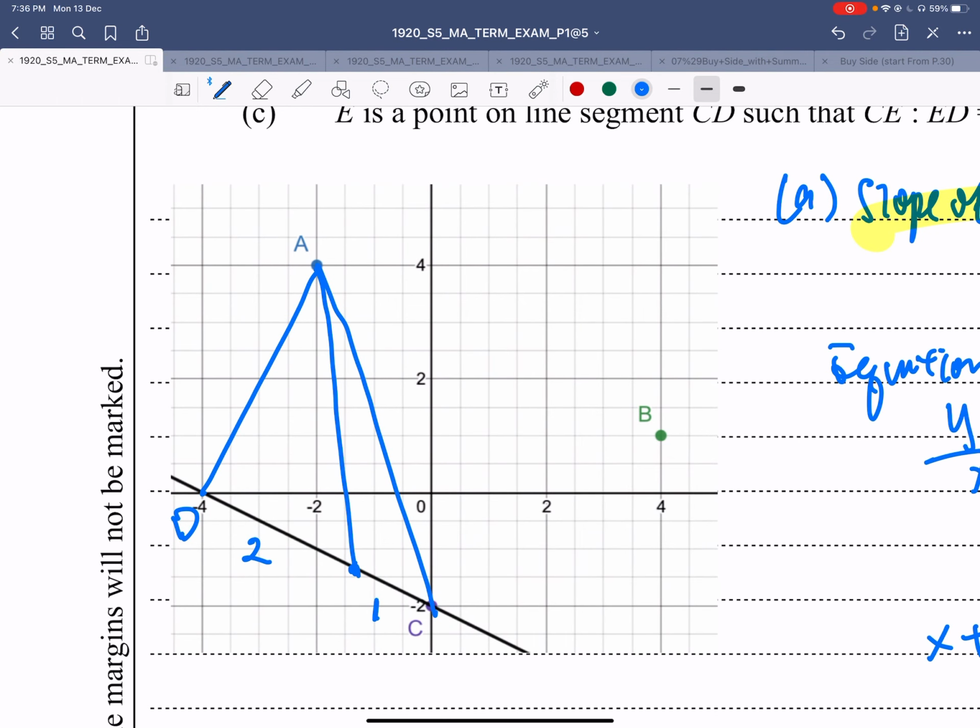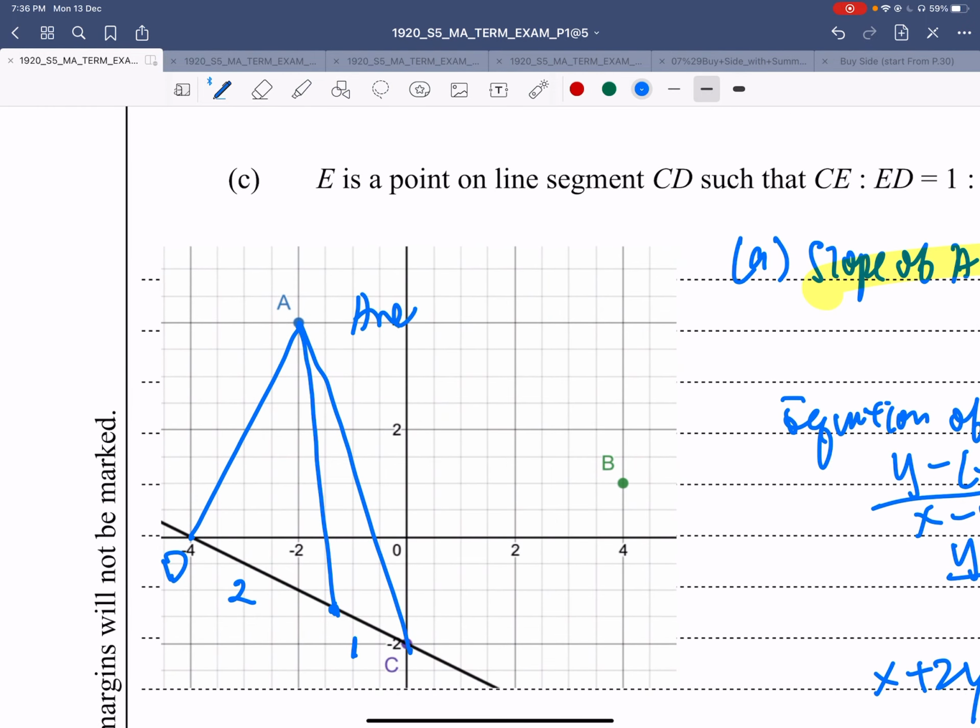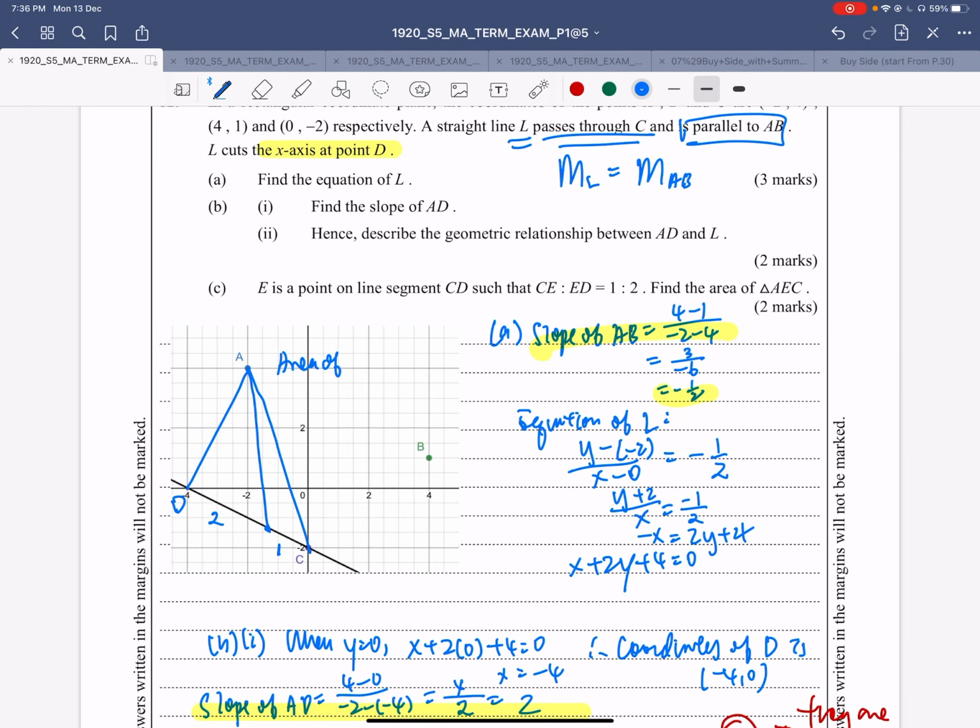So you can see that the area of triangle AEC, this is E, all right, is actually AD times CE divided by 2, right?